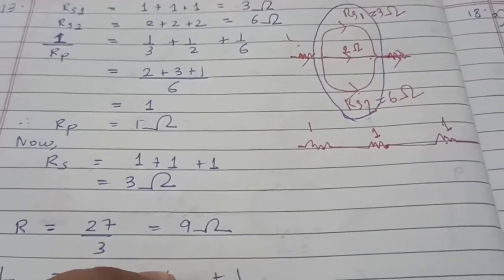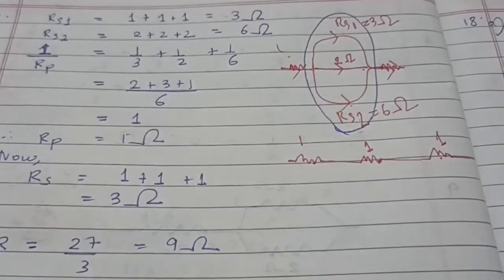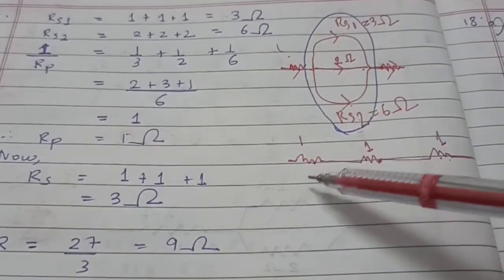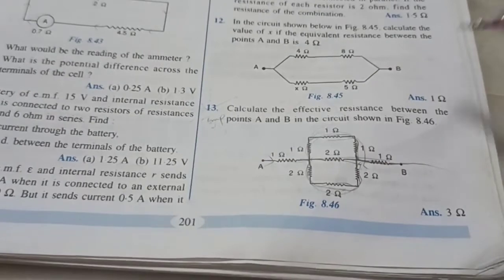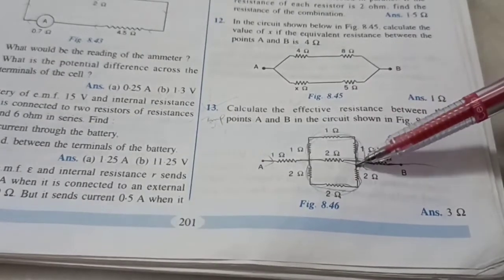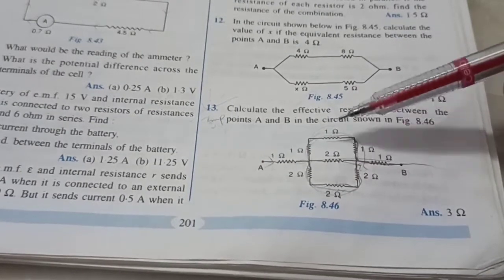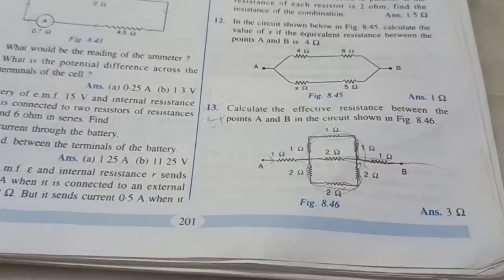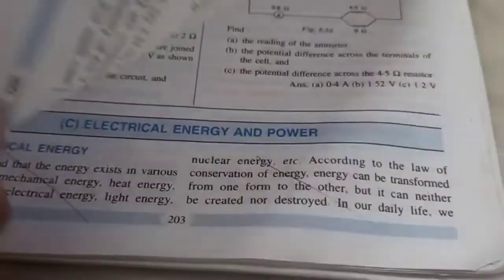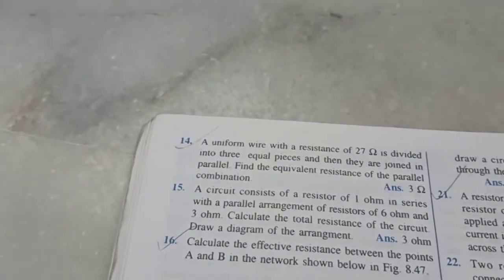So see, this sum has now been simplified. Now the total resistance is these 3 in series. That is 1 plus 1 plus 1, 3 ohm. That's the final answer. That's the total resistance of all of this. So first this was in series and this was in series, then that answer and this are in parallel, then that entire answer is in series with this and this. It's like a riddle. So the more you will practice, the clearer you will be able to see such combinations.